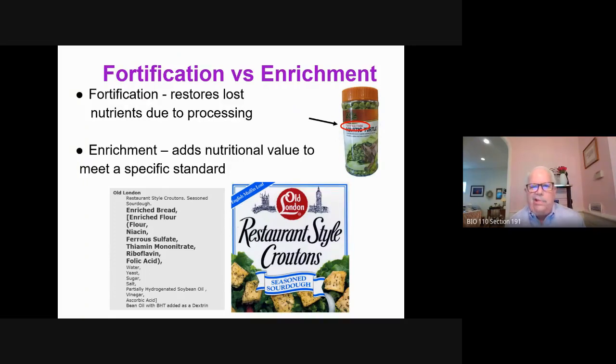Enrichment means that we're adding nutritional value to meet a specific standard. So you have enriched bread, enriched flour, which we're adding things to, like iron or thiamine or folic acid. That's the difference between fortification and enrichment.